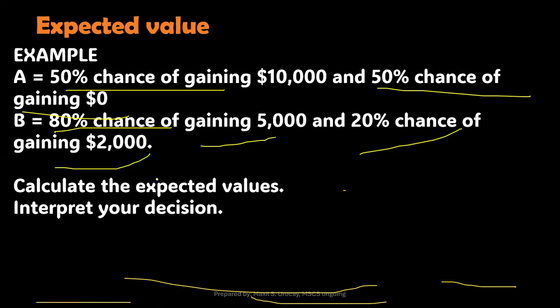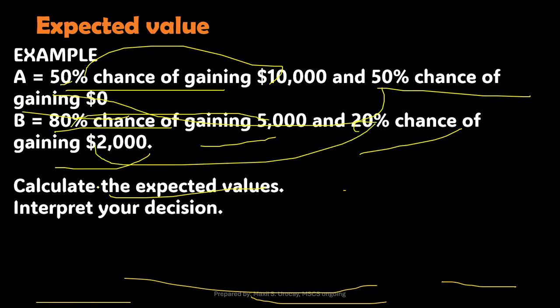How can you do it? You have to calculate the expected values, which is 0.5 times 10,000 plus 0.5 times $0, and 0.8 times 5,000 plus 0.2 times 2,000, and interpret your decision later on.